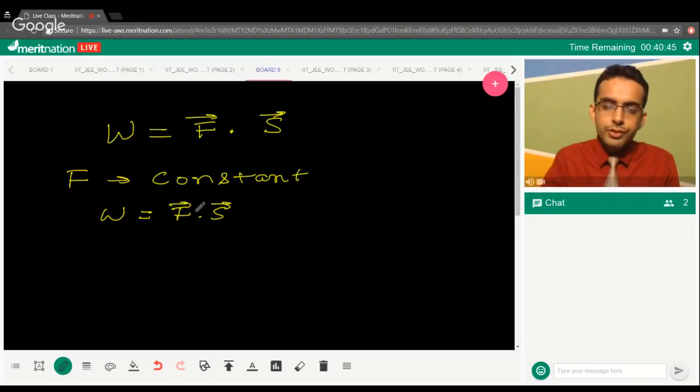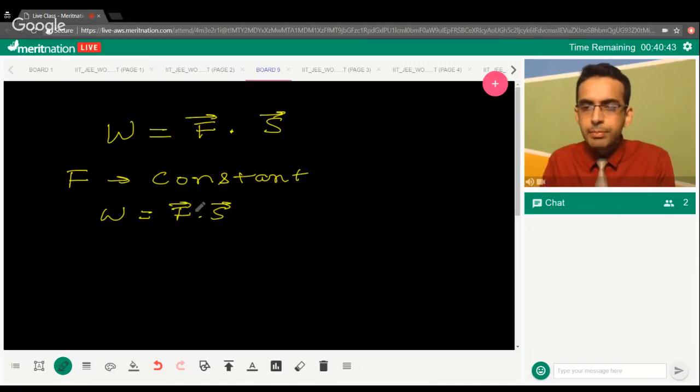But when the force is not constant, it's a variable. In that case, we find the small amount of work done and the small amount of displacement. This is a small amount of work done, right?